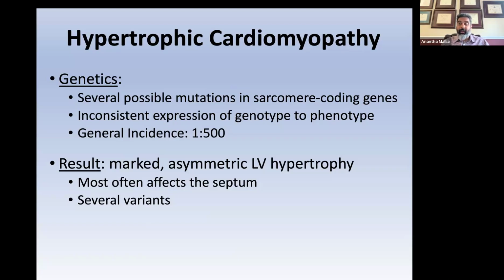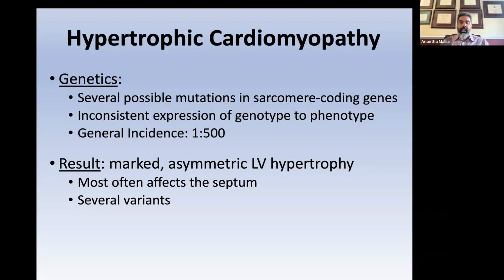And even those that have the phenotype of HCM don't necessarily have the clinical manifestations of HCM. So that general incidence that we talk about of 1 in 500 is probably a significant underestimation of those that have the phenotype, and very much so an underestimate of those that carry the genotype. So there's probably going to be more and more that we understand and learn about the condition, and its discovery, especially in patients who become critically ill, may be something that we see more and more often.